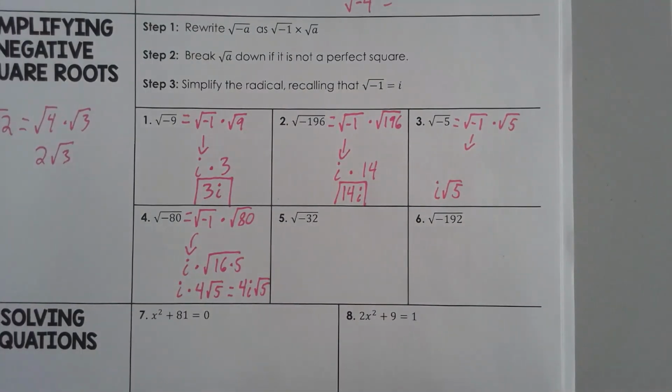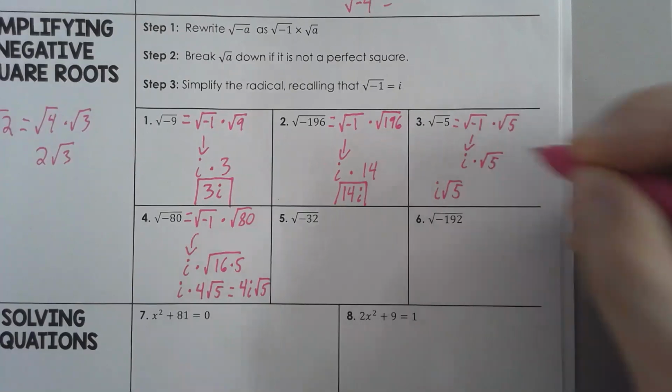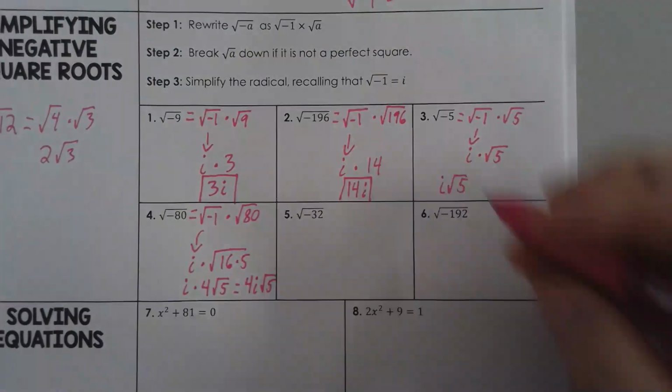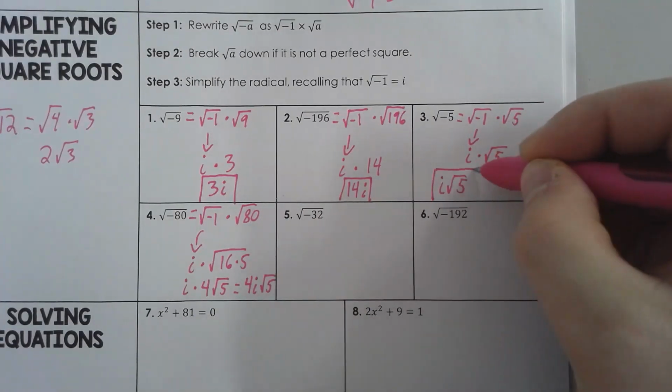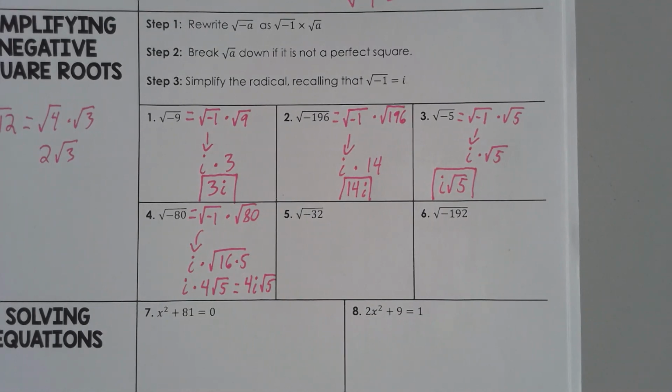If I is equal to just 1 square root of 5, but you don't need the 1 because it's the same either way. Your square root of 5, there's no other perfect square other than 1 that goes into it. So you can't simplify. So it just comes down. Your I stays out in the front. I square root of 5. Perfect.